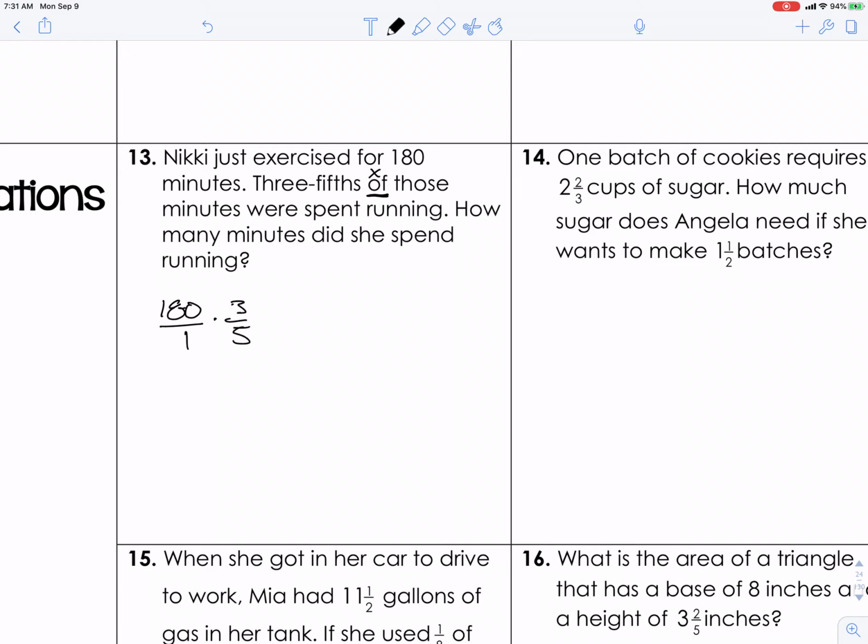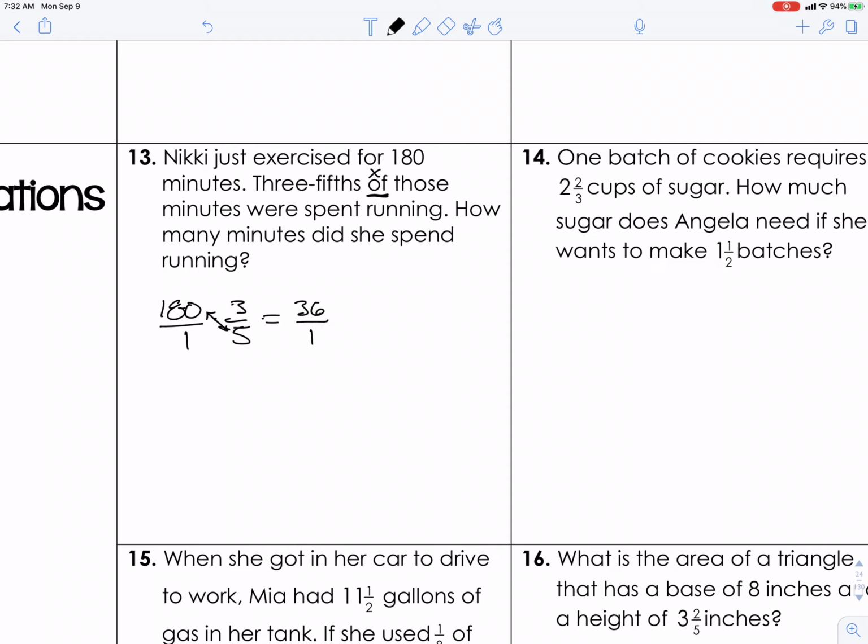I can't reduce either one of those. But I can reduce these two. And these, you might need a calculator to do. Because I know any number that ends in a 0 or a 5, 5 will go into it evenly. Well, this one I know 5 goes into 180 36 times.